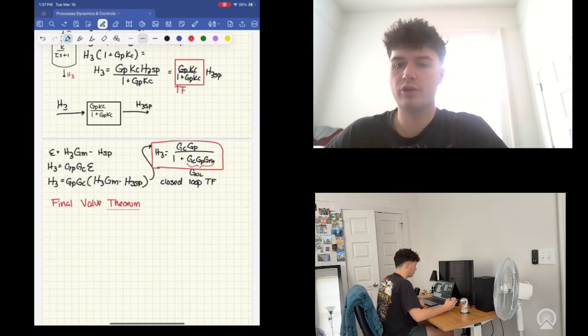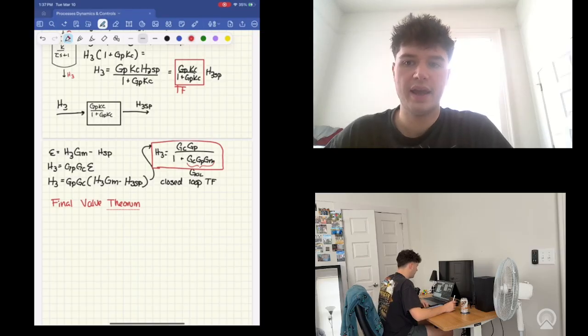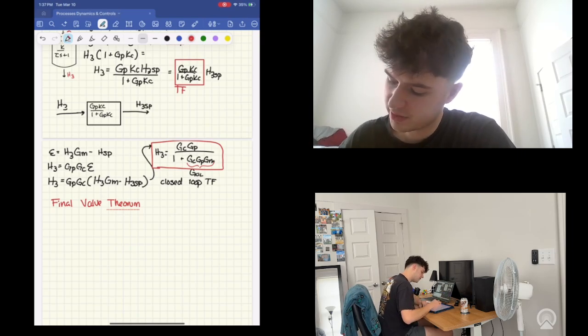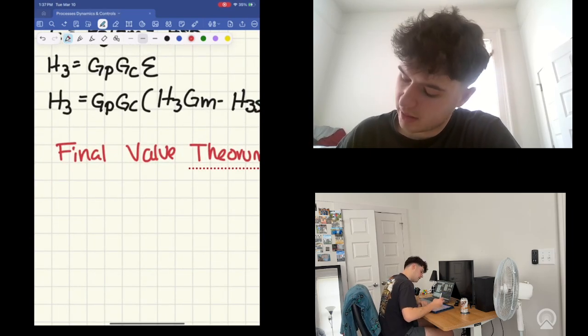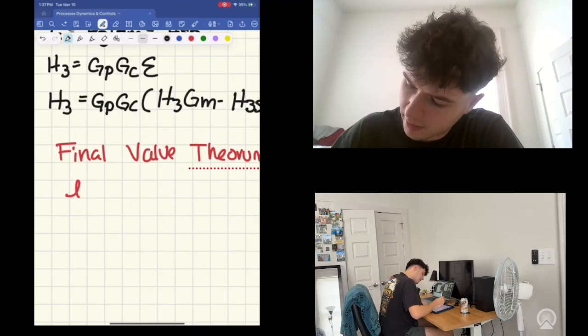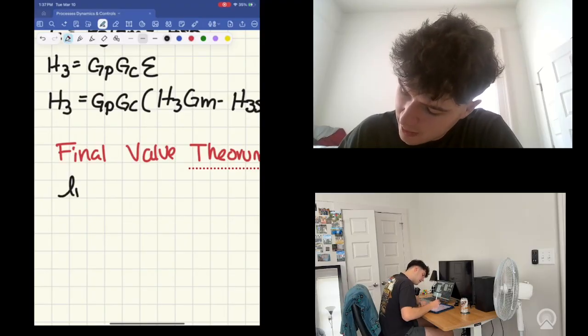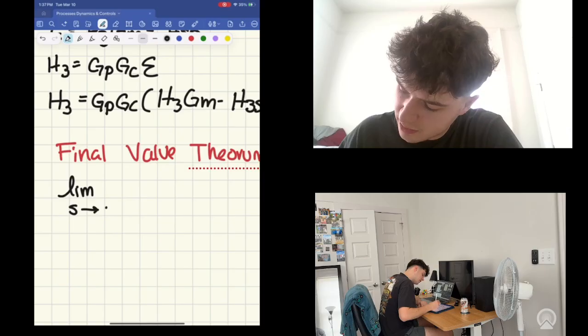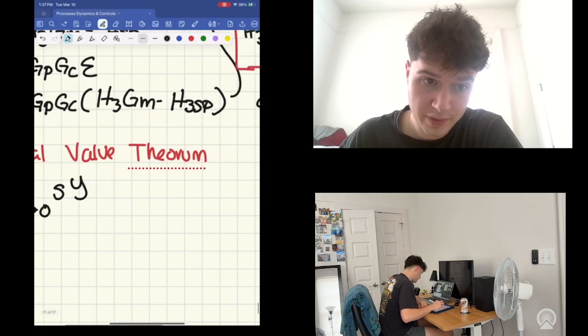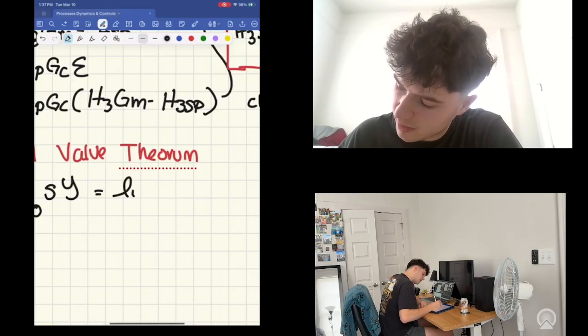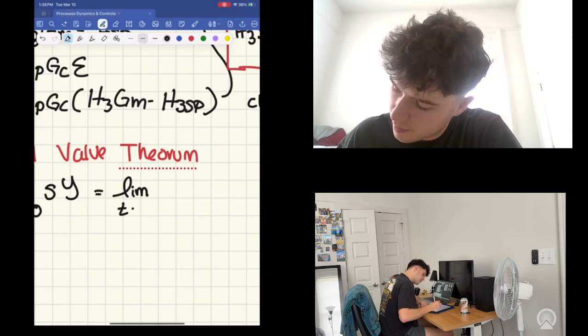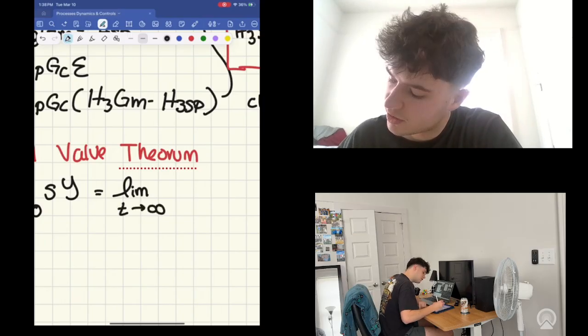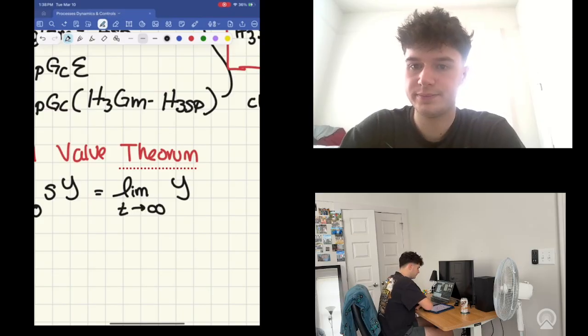So next we'll be incorporating our final value theorem, and this was specified in the problem statement. Let's write out the equation for this. Let's use black font. The limit as s approaches 0 of s times y is also equal to the limit as time approaches infinity of that same y value.